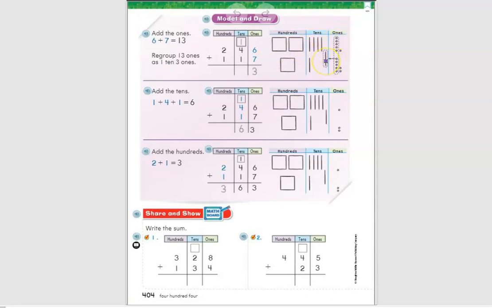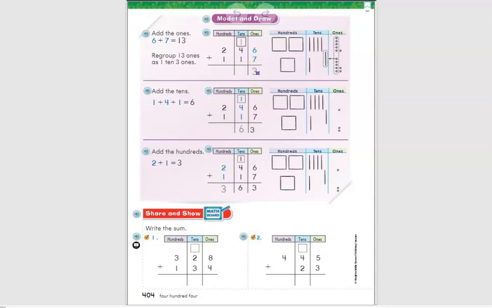And then they bring that 10 over. Then they add in their columns, HTO columns right here. Once we make a 10, we bring that 10 over. Well, how many ones do we have left over? 1, 2, 3. So the 3 gets written down right here.